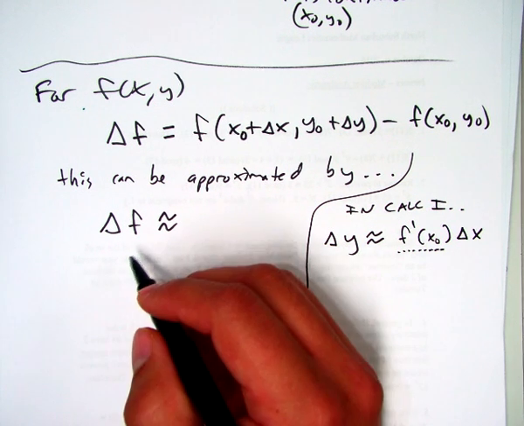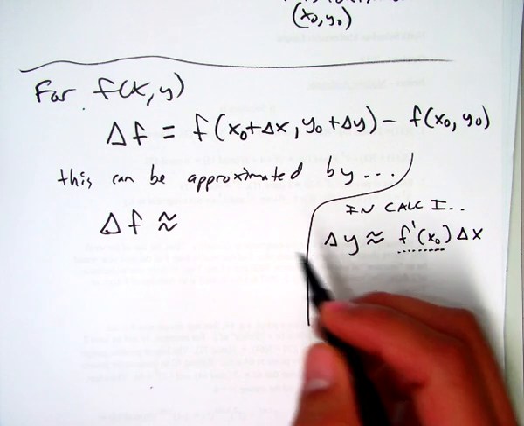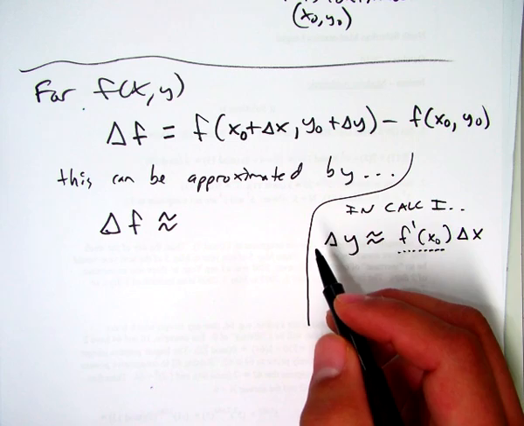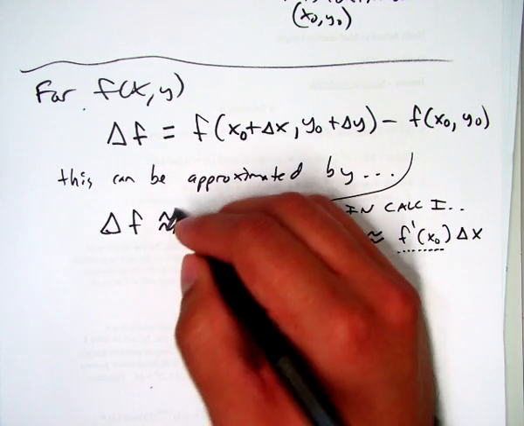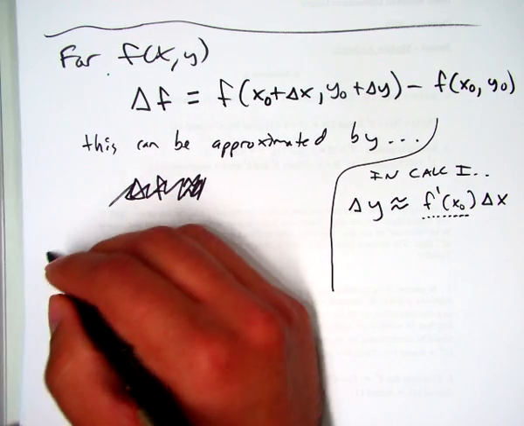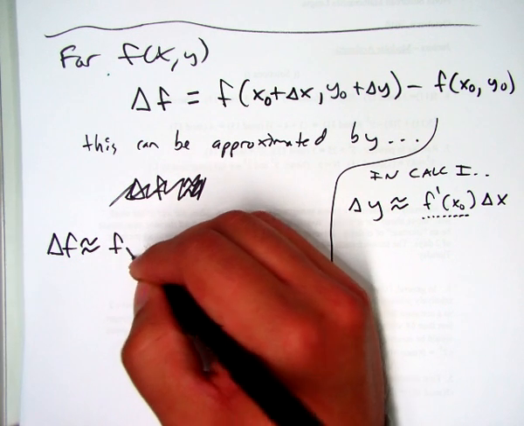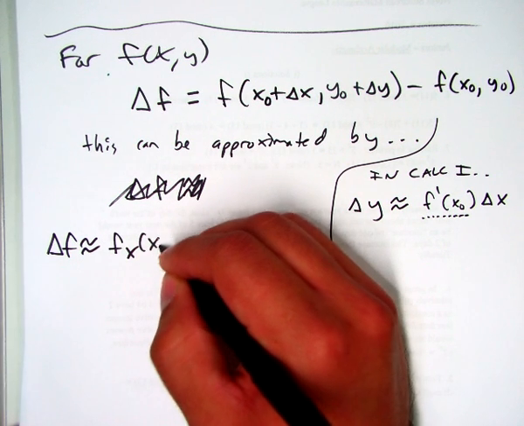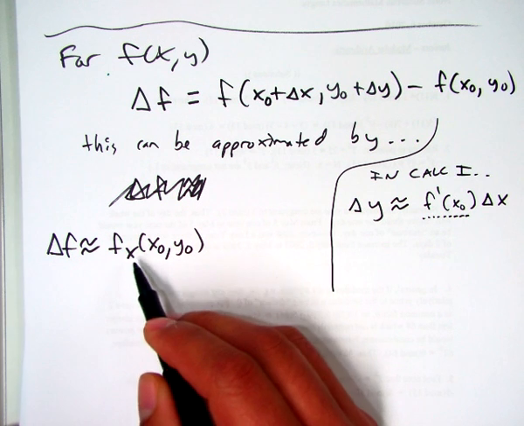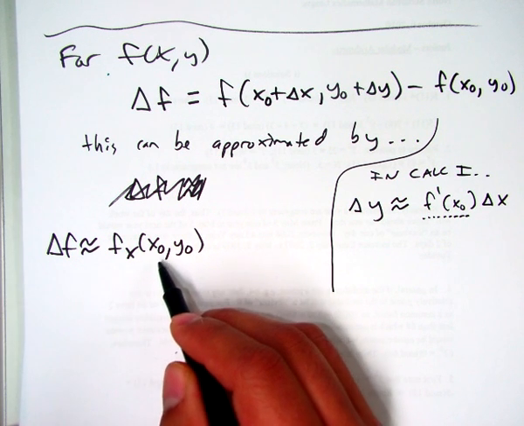So then the change in f, since we have a multivariable function now, is going to be, let me rewrite this down here so that we have more space, partial x evaluated at x naught, y naught, which represents the rate of change in the x direction.